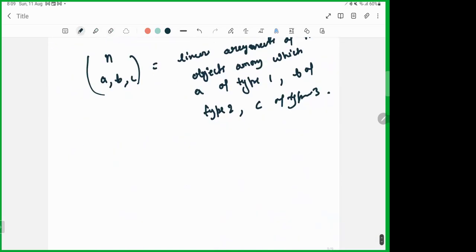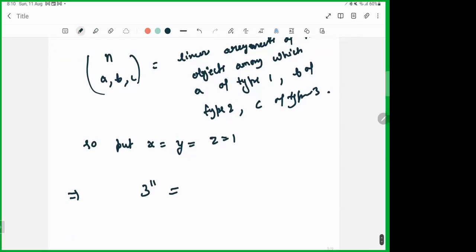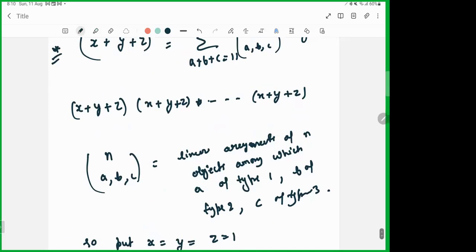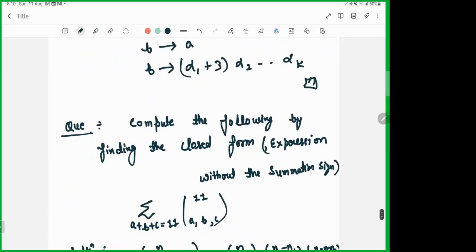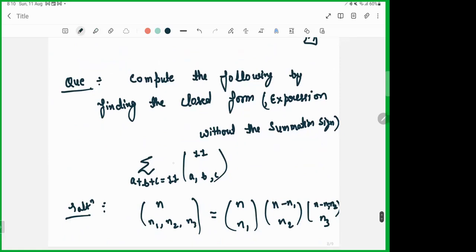So put x equals y equals z equals 1. So you have 3 to the power 11 equals the summation over a plus b plus c equals 11 of 11 choose a comma b comma c. This is the thing because x, y, z are 1. But what is your problem asking? Your problem is asking for a times 11 choose a, b, c.